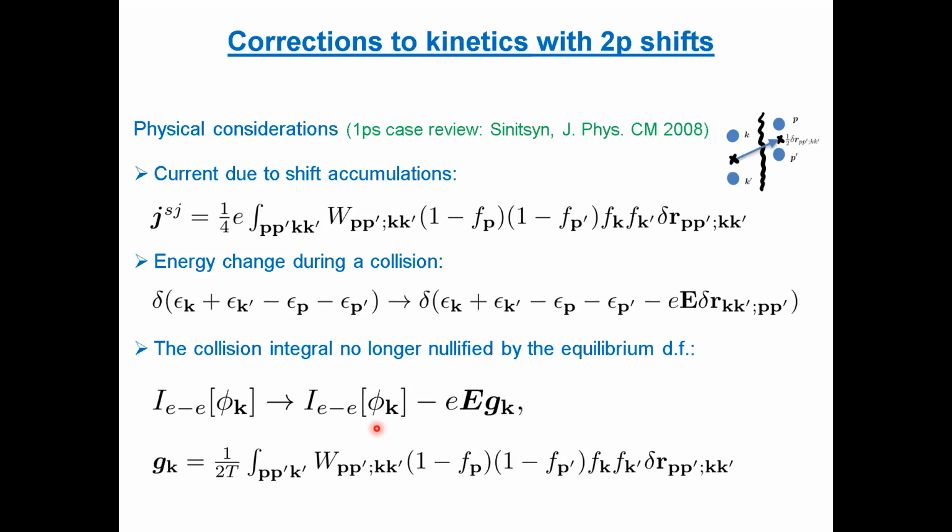And indeed, the answer is yes. I will not take you through the derivations, but I will just outline the physical considerations that lead to these corrections to the anomalous Hall effect in the hydrodynamic regime.